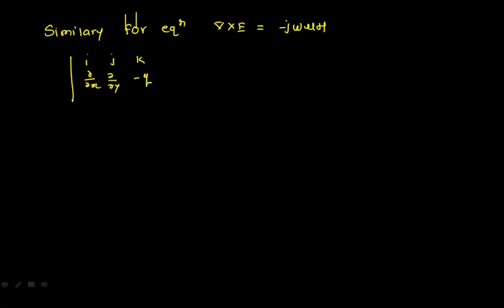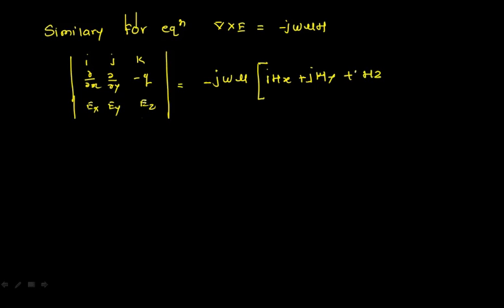I'll just put gamma because I know that d by dz is nothing but minus gamma. This is Ex, Ey, and this is Ez. Similarly, the sign will be minus. So jωμH you are going to resolve in three directions, Hx, Hy plus Hz. So these are the unit vectors in your x direction, y direction, and z direction.